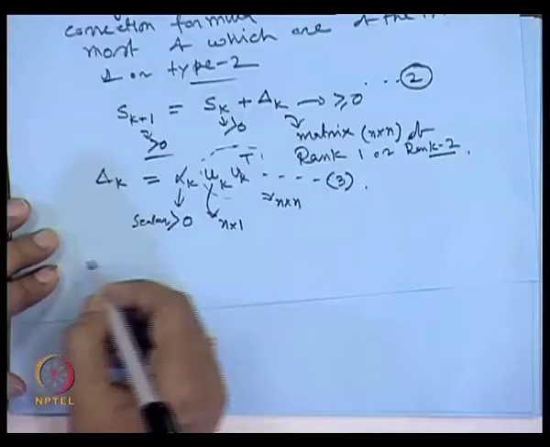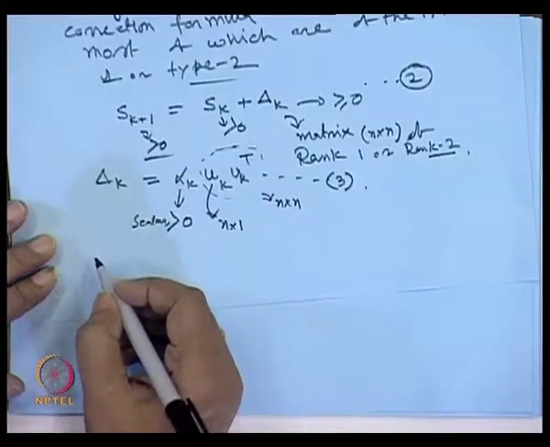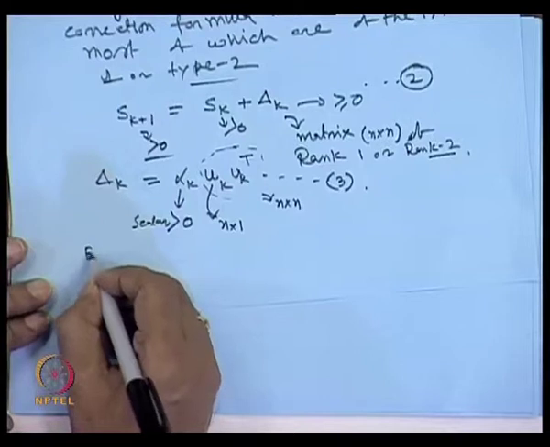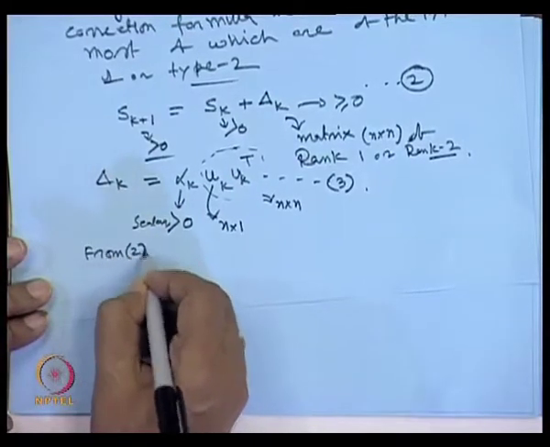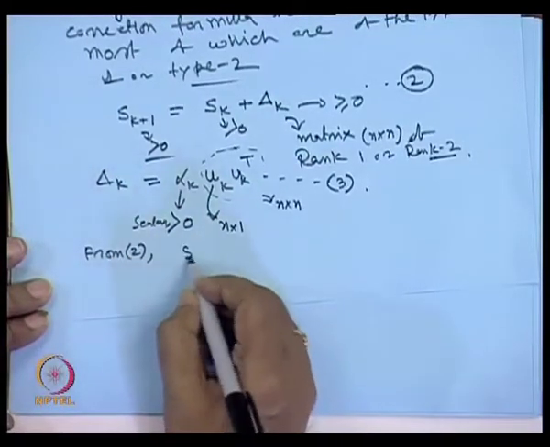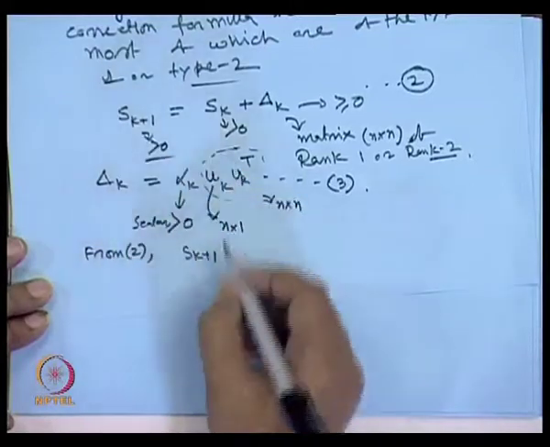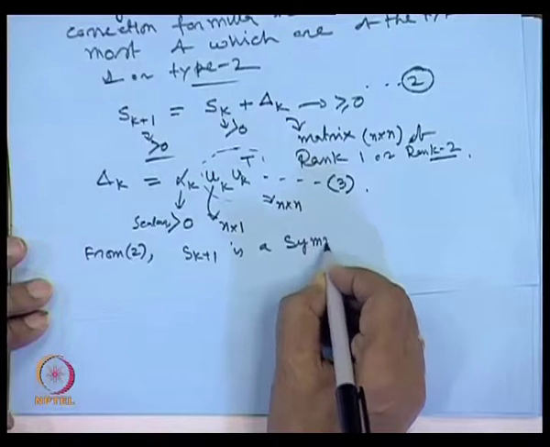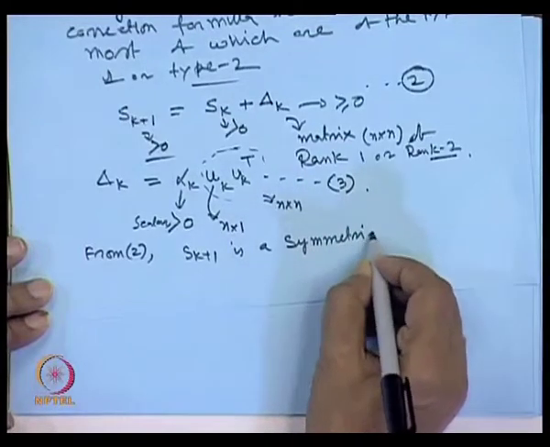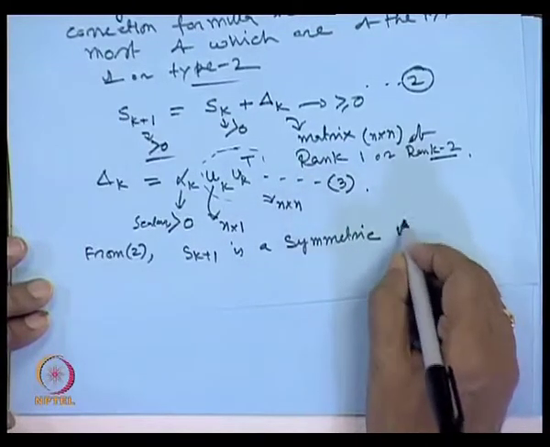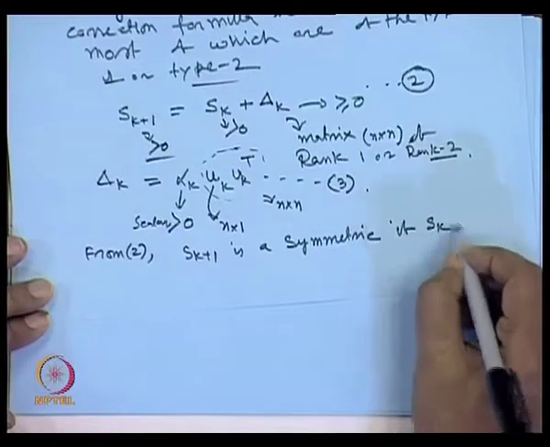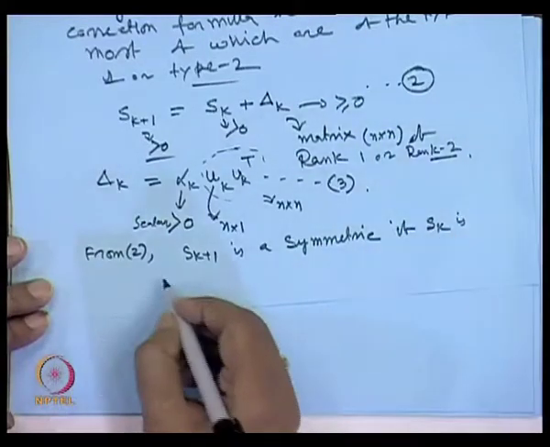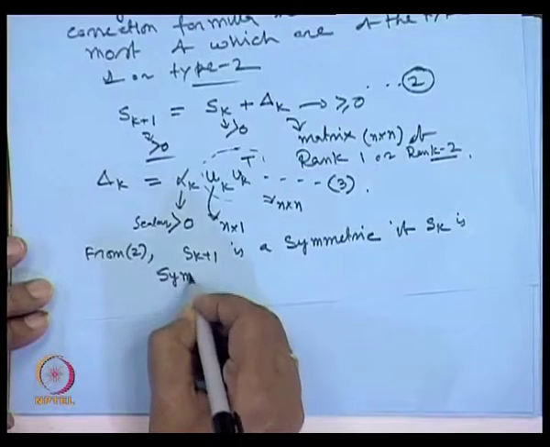Agree? From 2 one can write that x k plus 1, what I mentioned, is a symmetric matrix if S k is symmetric.